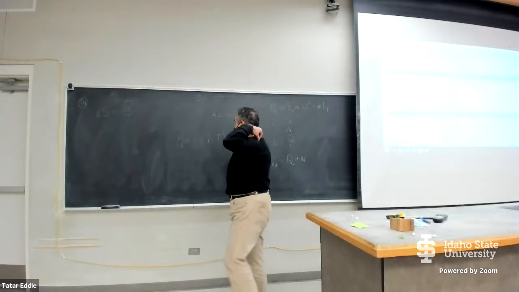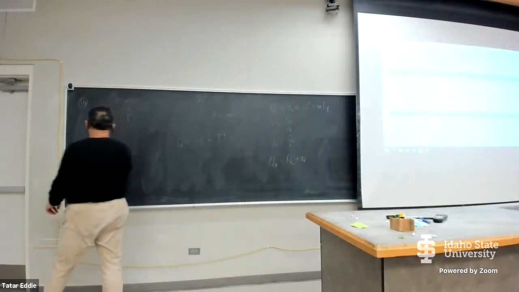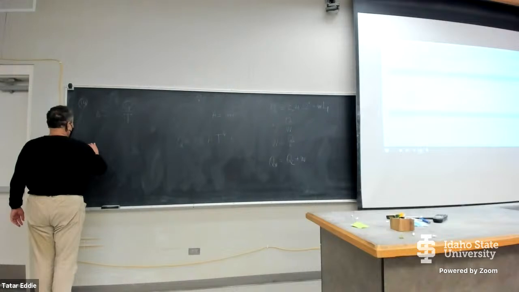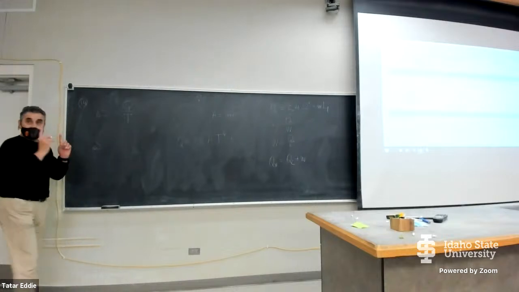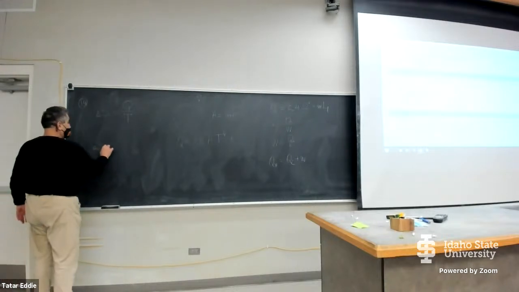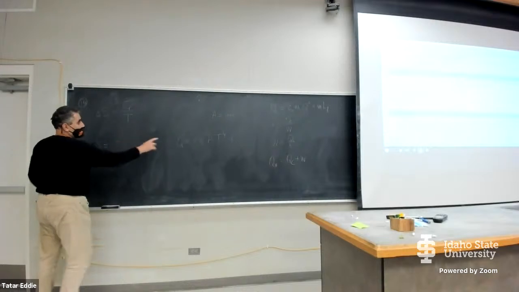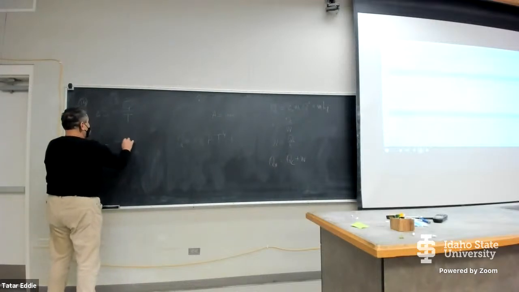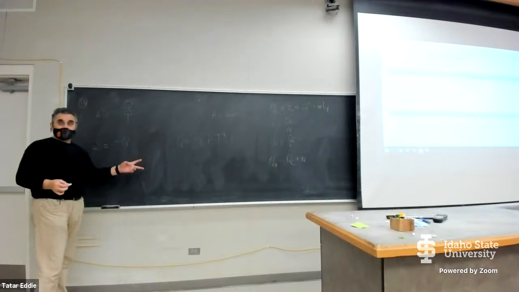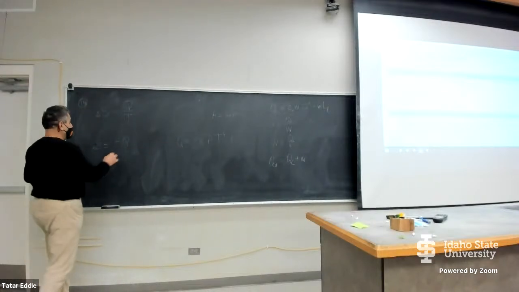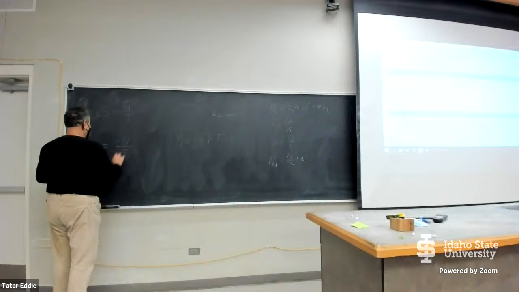So the change of entropy delta S of the star is going to be negative this heat that you calculated, with a negative algebraic sign, divided by the temperature of the star.